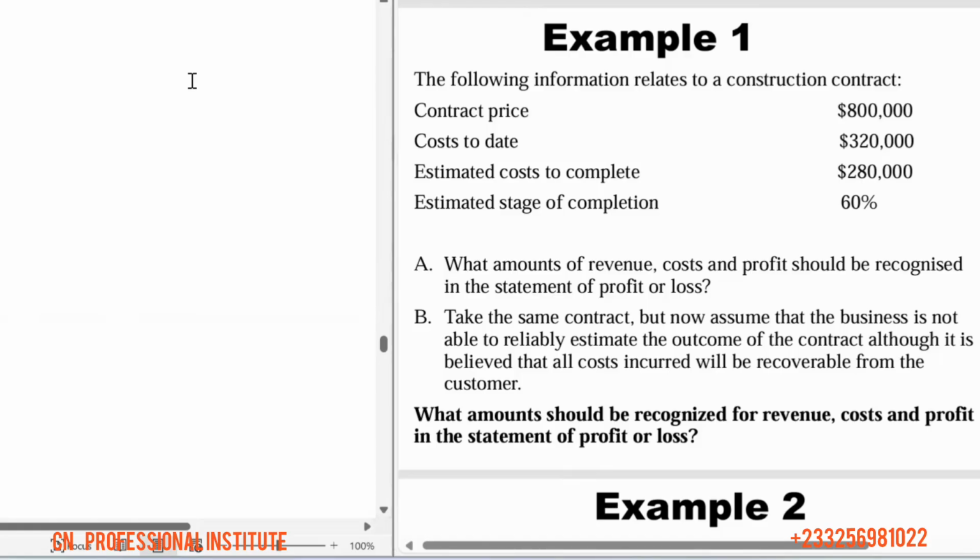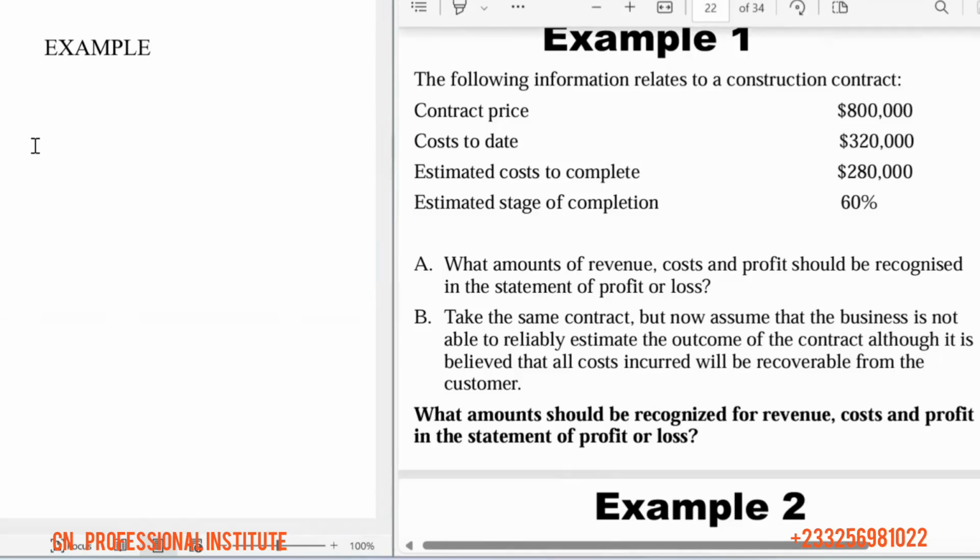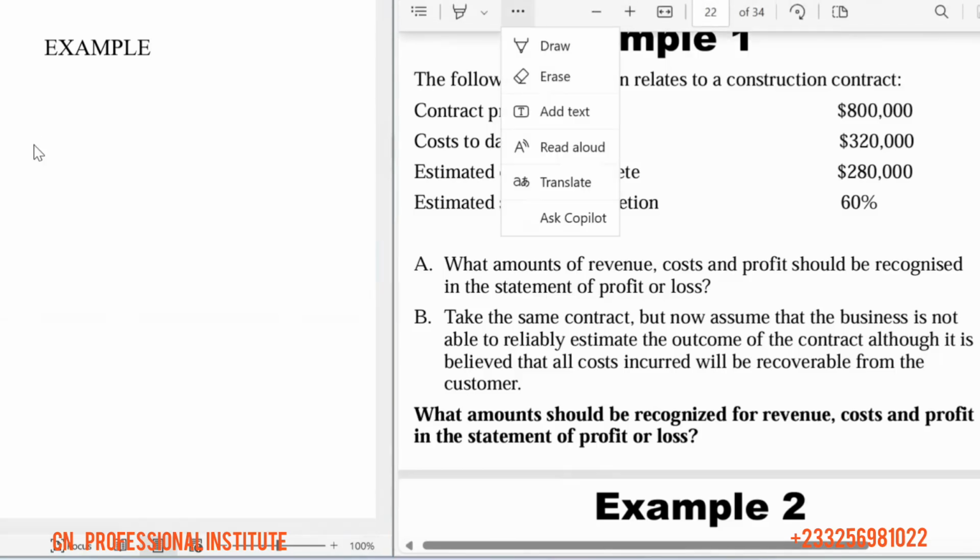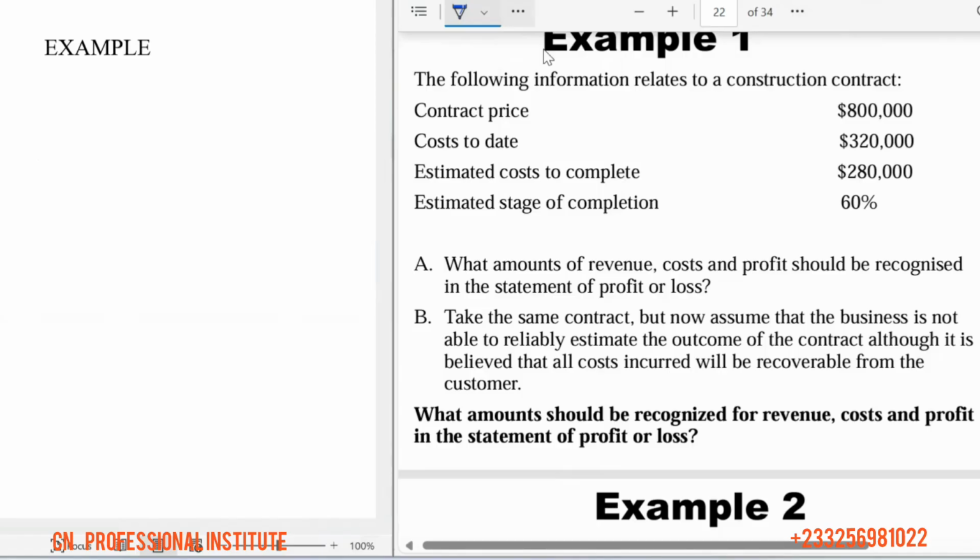Okay. So we have example 1 here. The following information relates to a construction contract. So we have the contract price, we have cost to date, estimated cost to complete, estimated stage of completion, and it says what amount of revenue, cost, and profit should be recognized in the statement of profit or loss.